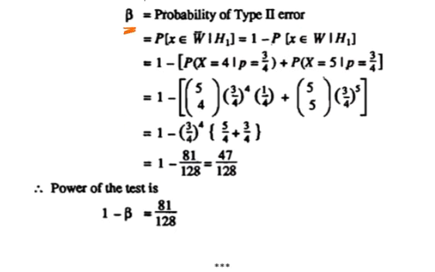Next we will find beta, which is the probability of type 2 error.